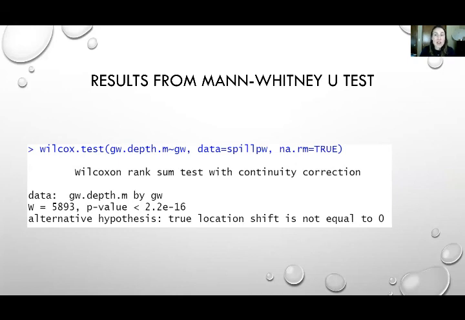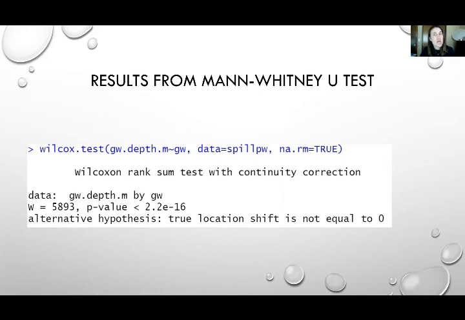The p-value is below our alpha of 0.05, and that's when we would reject the null hypothesis and accept the alternative hypothesis that there is a difference in the median depth to groundwater at sites that have and do not have groundwater contamination. So these are the actual results.